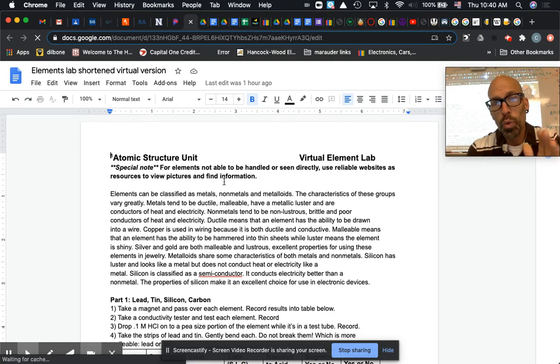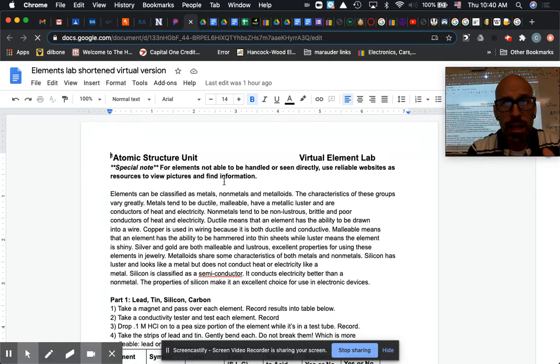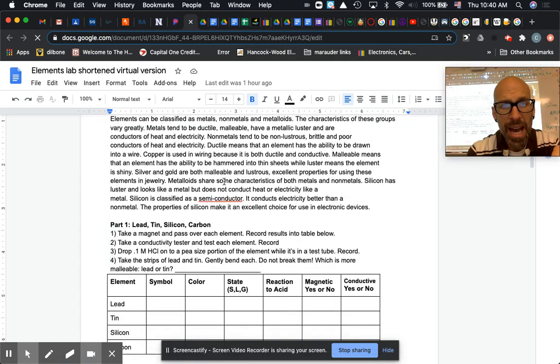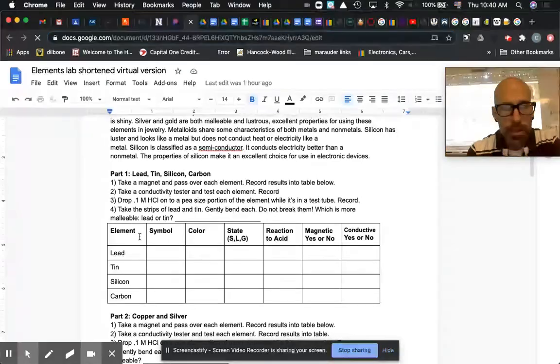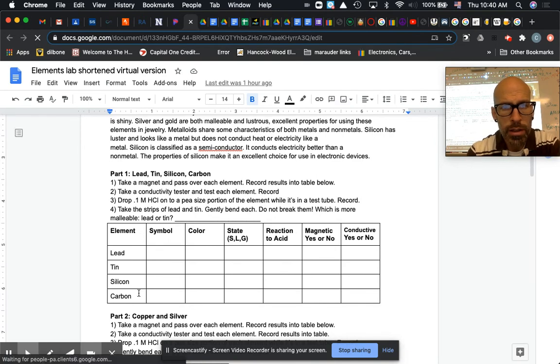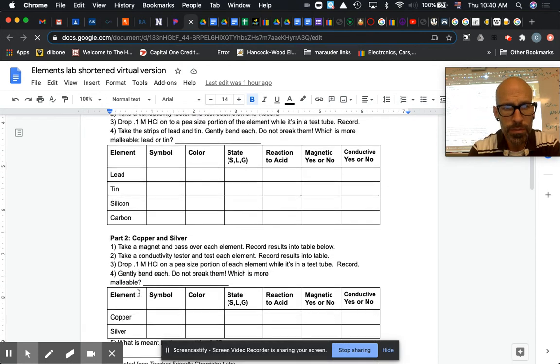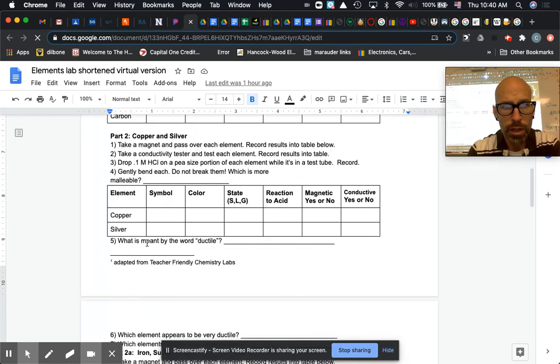For those of us that were in class, we had part 1 elements physically in here that we could put our hands on and do some testing with. We had part 2 elements, copper and silver, in the room to do some testing with.